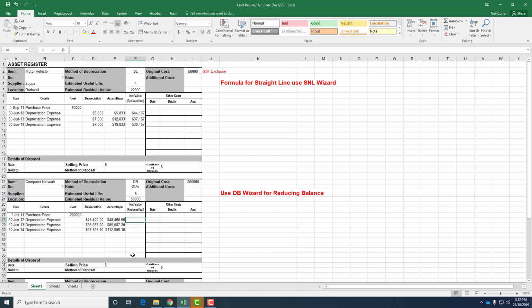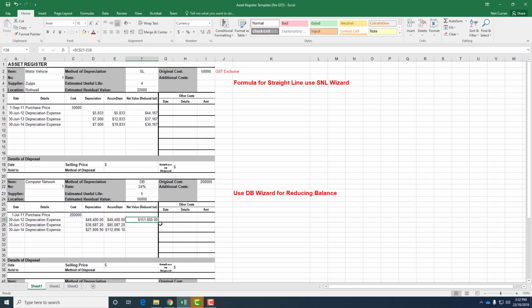And then your net value, or your reducing balance, equals that minus the accumulated depreciation, and then we are going to put absolute cell referencing over that. Adjust your column width, drag that down, and that is basically how you calculate straight line and also diminishing balance.